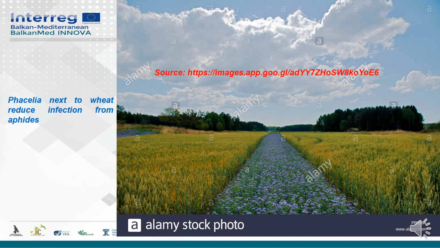In this photo, you have the example of Phacelia, which is planted next to the wheat plants. It is proven that it reduces the infection from aphids. In the red colors, on the top of the photo, you have the link of the source of this photo.